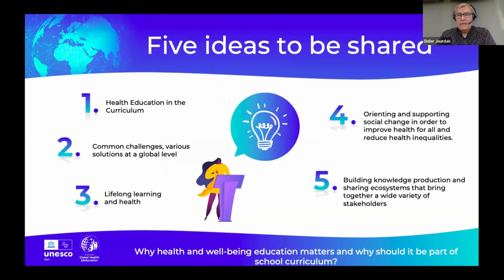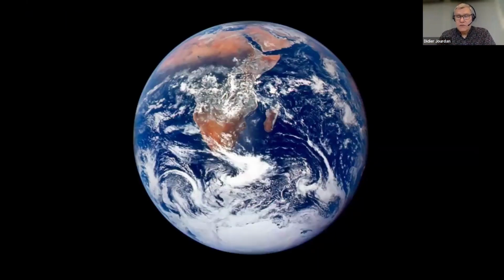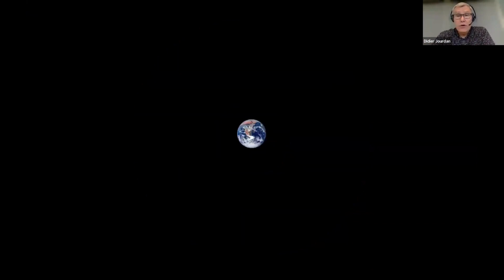The second idea is that we must speak from a global point of view. We must work together. You remember when you were young, the planet was very big, but now we all know that in fact, it is very small. And we are more and more aware of the importance of the interactions between all of us and also with all living beings.